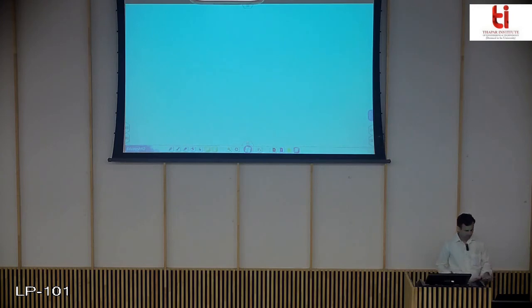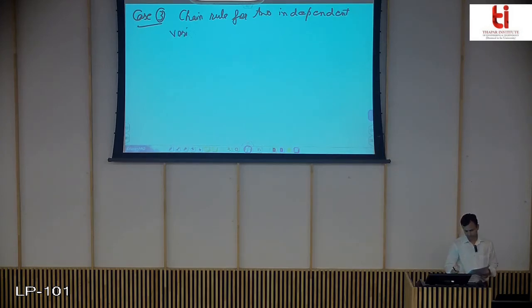Now we come to another formula, related to case 3, that is the chain rule for two independent variables and three intermediate variables.